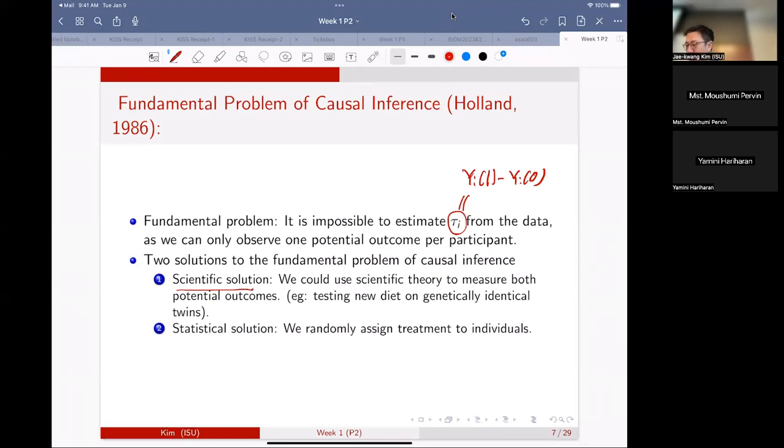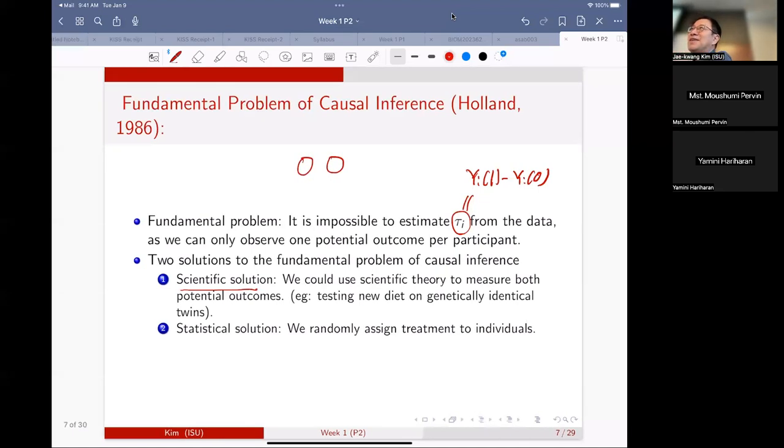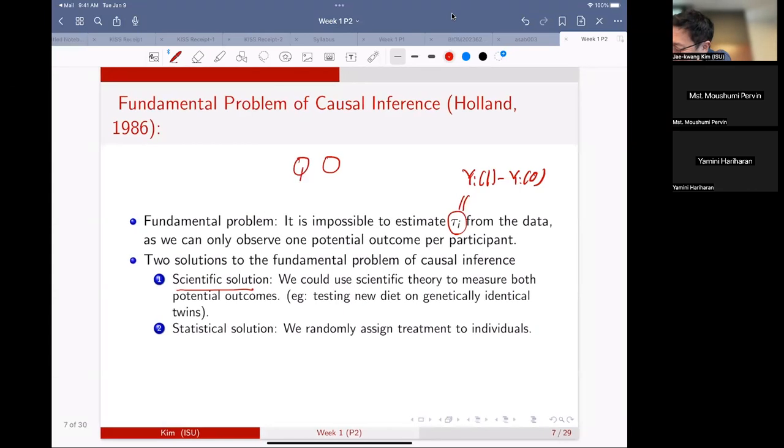How can we do that? Well, suppose we are able to obtain genetically identical twins. If two units are exactly the same genetically, and we give treatment to one and control to the other, then the difference would be really due to the treatment, right? So that is the scientific solution.